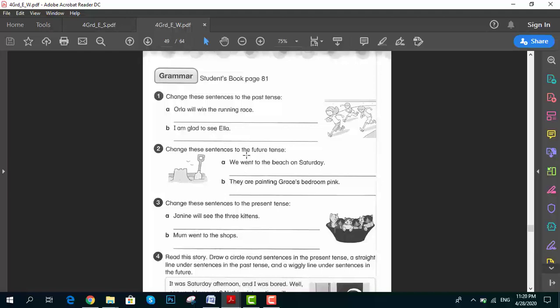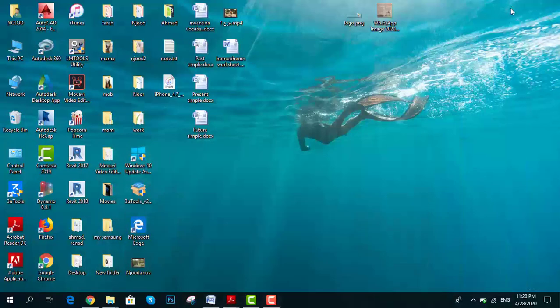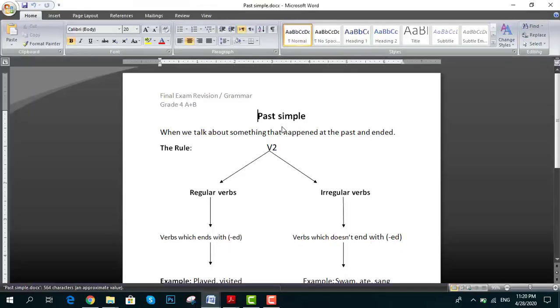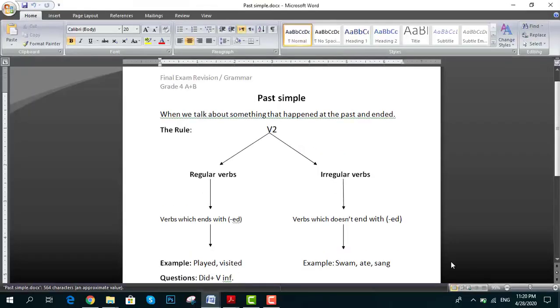But to make it easier and to clarify it, I will do a quick revision about the past, the present and the future. Let's start with the past simple. Past simple is when we talk about something that happened in the past and ended. So the rule is simple.